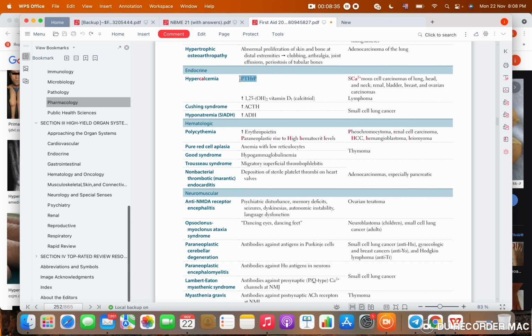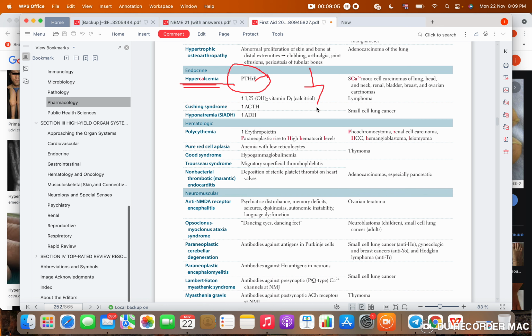So the parathyroid hormone related peptide is not a real parathyroid hormone, which means if they give you an exam question and ask you, in case of this hypercalcemia due to PTH related peptide, what is going to happen to the level of PTH? What will happen to the level of PTH in hypercalcemia secondary to PTH related peptide?